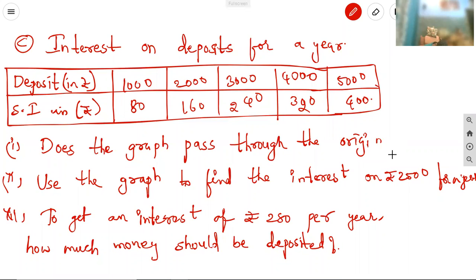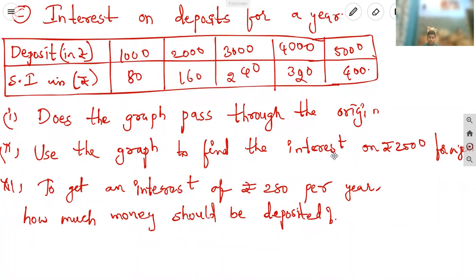Next, the question on interest on deposits for a year. Deposits in rupees, 1,000, 2,000, 3,000, 4,000, 5,000. Simple interests are 80, 160, 240, 320, 400. Does the graph pass through the origin?